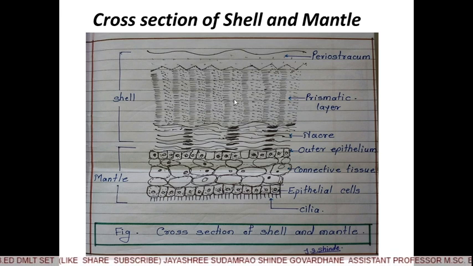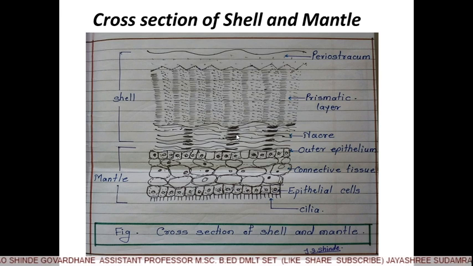Then the third layer is hypostracum. This is the third layer known as hypostracum or nacre. This is the innermost layer. It again contains plates of calcium carbonate.